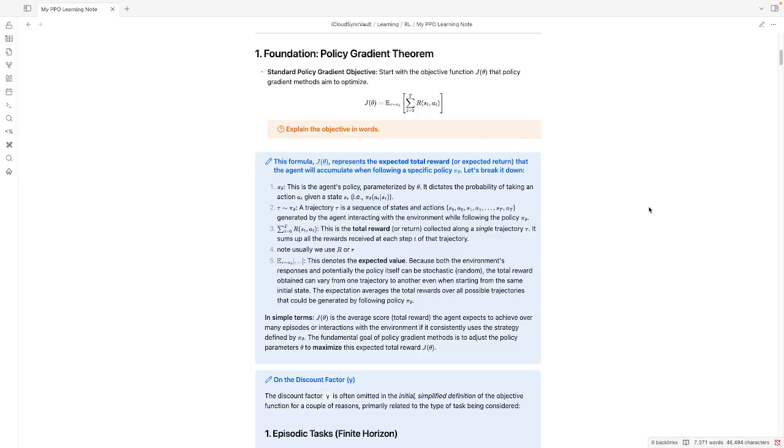The most important part, or the beginning part, is the policy gradient theorem.